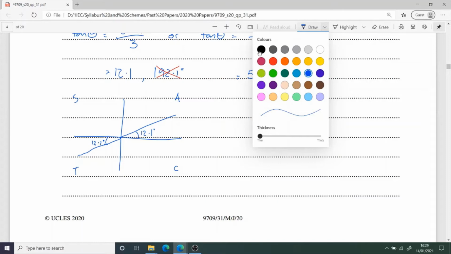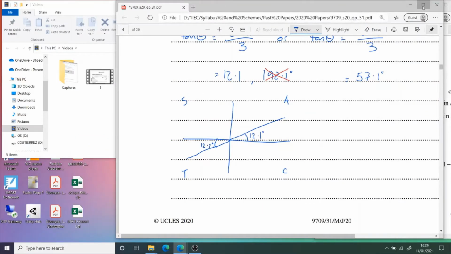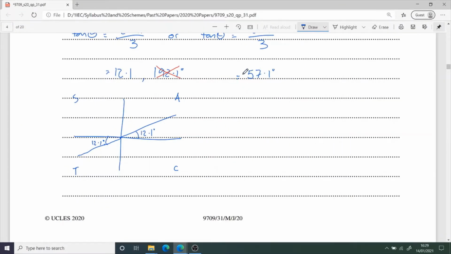For this one, it looks like I wrote 57.1, it should have been minus 57.1 there. So on our cast diagram, at the moment that's outside the values that we want. Minus 57.1 is down here. So the other place we want it is up here, 57.1.